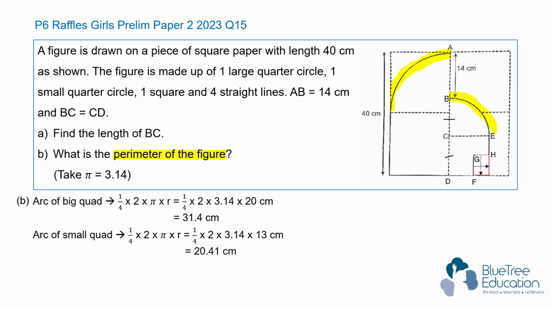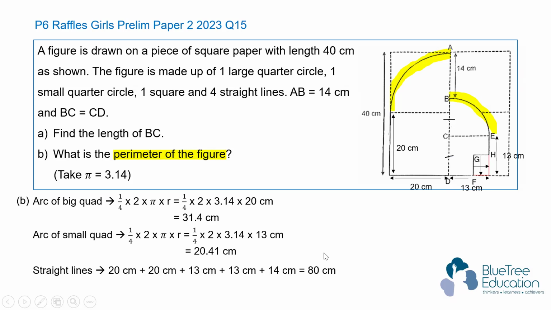And if that's the case, we'll know that this line over here is 13 cm, so it's the bottom line. And with that, we have all the numbers needed to find all the straight lines, which is 20 plus 20 plus 13 plus 13 plus 14.